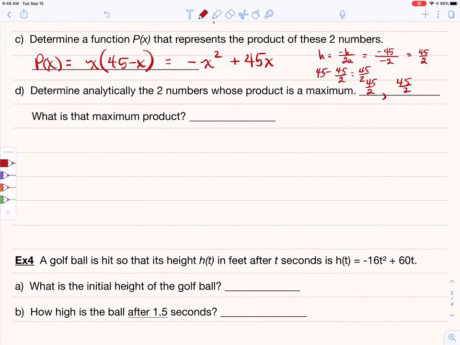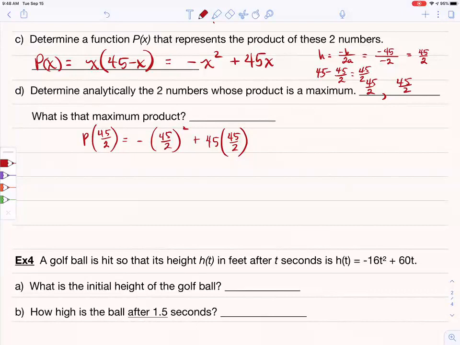Now, go look for the maximum product. Now, go look for that Y value. Okay, so this is where we're going to plug and chug. So we've got P of 45 halves, your calculator will do this. It's going to equal negative 45 halves squared plus 45 times 45 halves. Yeah, it looks ugly, but your calculator does all the work.